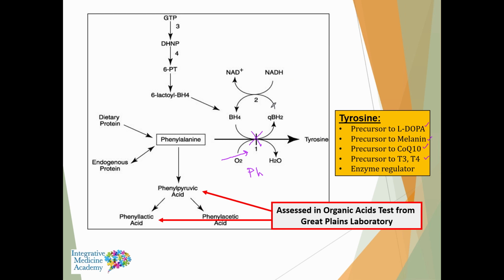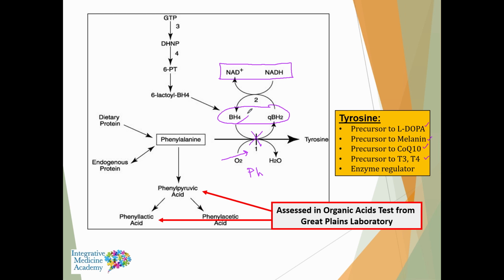It's actually dependent on a chemical called BH4, tetrahydrobiopterin. And tetrahydrobiopterin itself is recycled through the actions of nicotinamide adenine dinucleotide. It's actually, more specifically, nicotinamide adenine dinucleotide phosphate, but basically it's recycled because of these complexes.